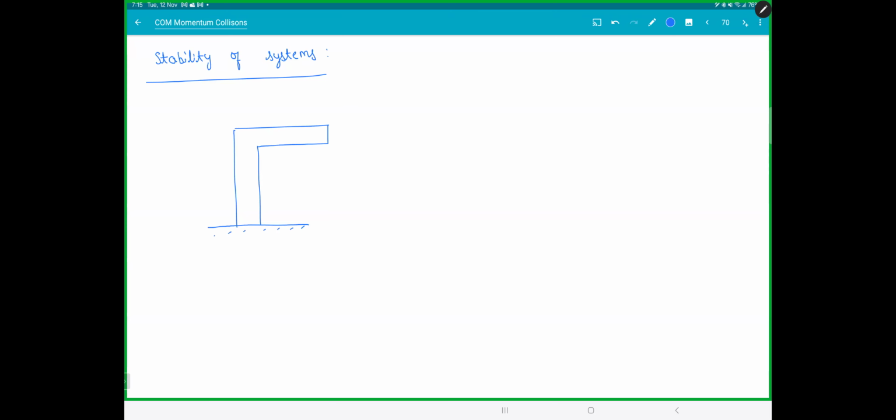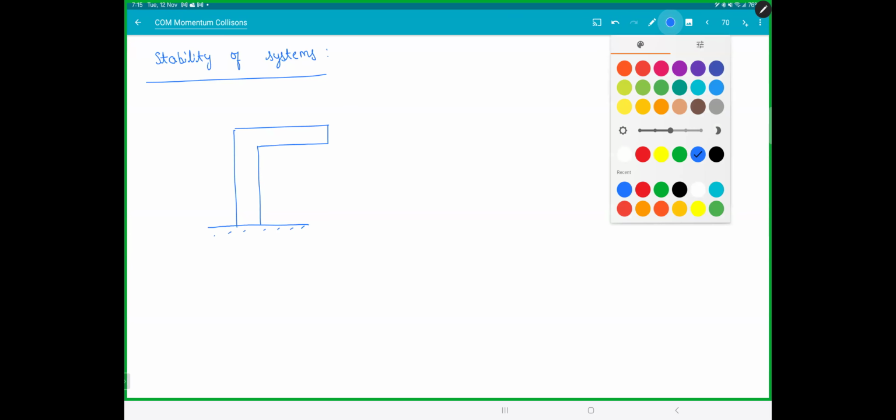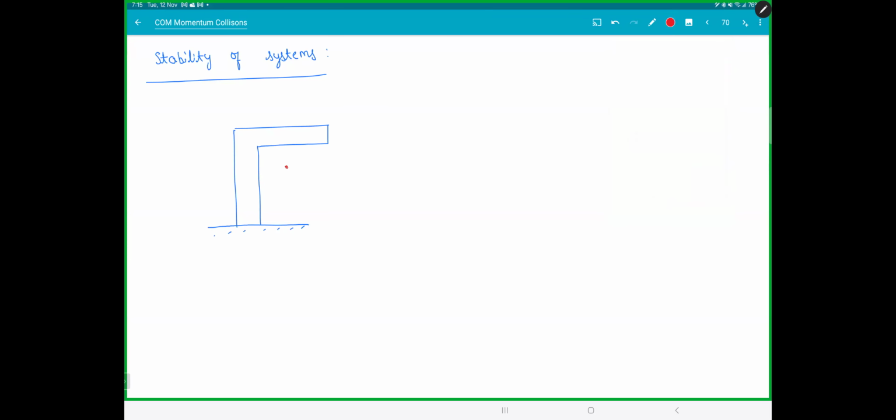Do you think this will remain at rest? The center of mass will be somewhere here, so mg will be here. The normal reaction will be somewhere here. So this thing won't remain at rest. This will topple.